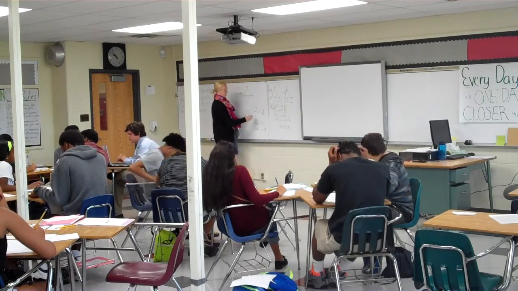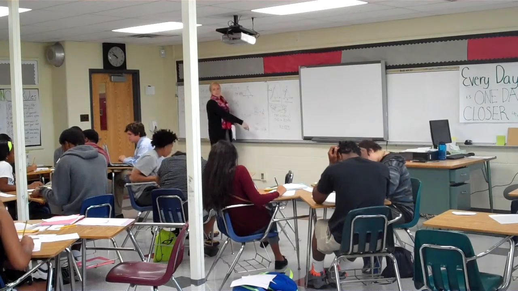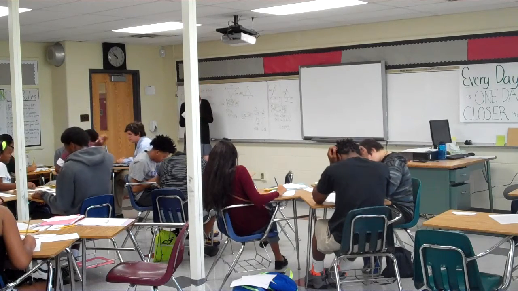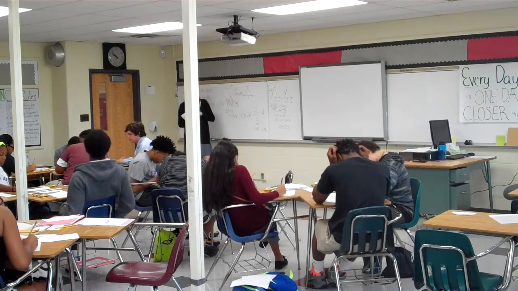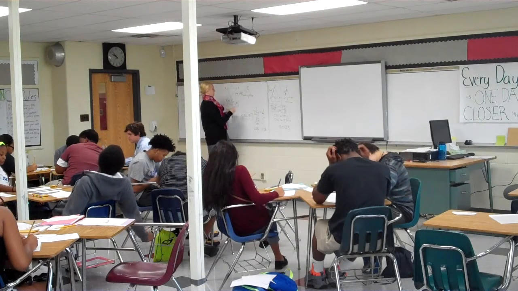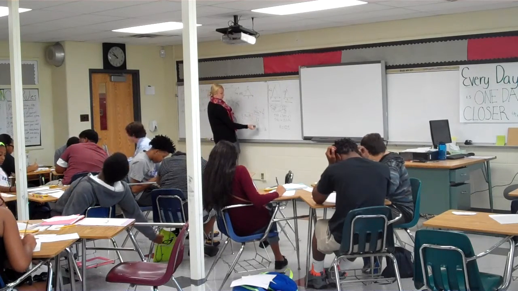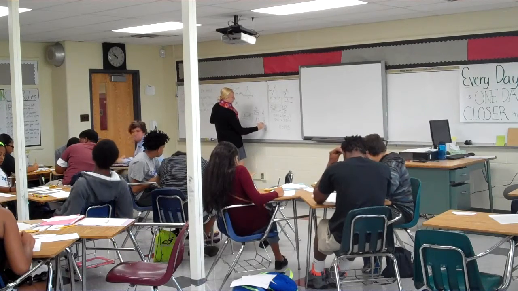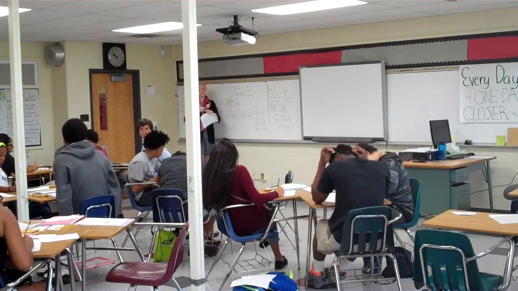Our ratio stayed the same. I always think it's great to check like that at the end. Just plug your numbers back in. So then we set up 12 over 180 equals 3 over 45. So we got that right.